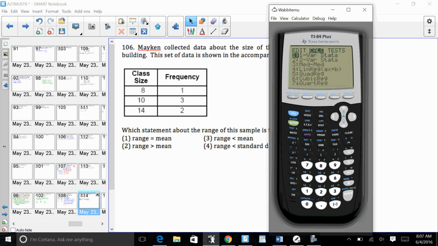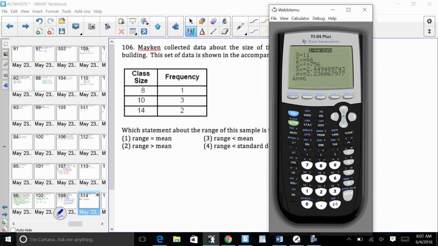Stat, calc, one variable statistics. Because I have a frequency list, under freq list, I'm going to hit second 2 to get my L2 and tab down to calculate.